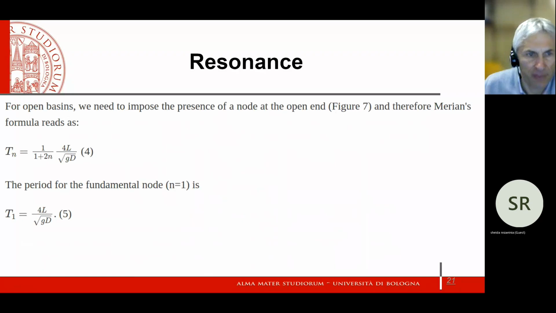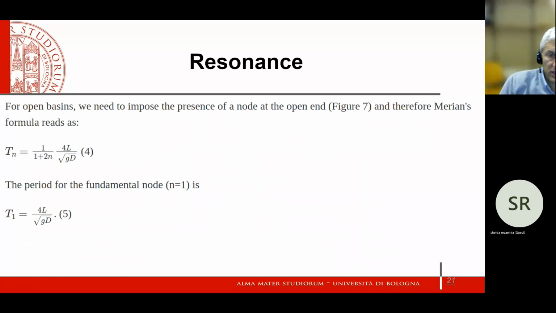Now here, for open basins, we need to impose the presence of a node at the open end, and therefore the Merian formula reads in this way. Basically, you have to start from a number of nodes equal to 1, and therefore you can write the formula the way you see here, because there is the multiplier 1 divided by 1 plus 2n.